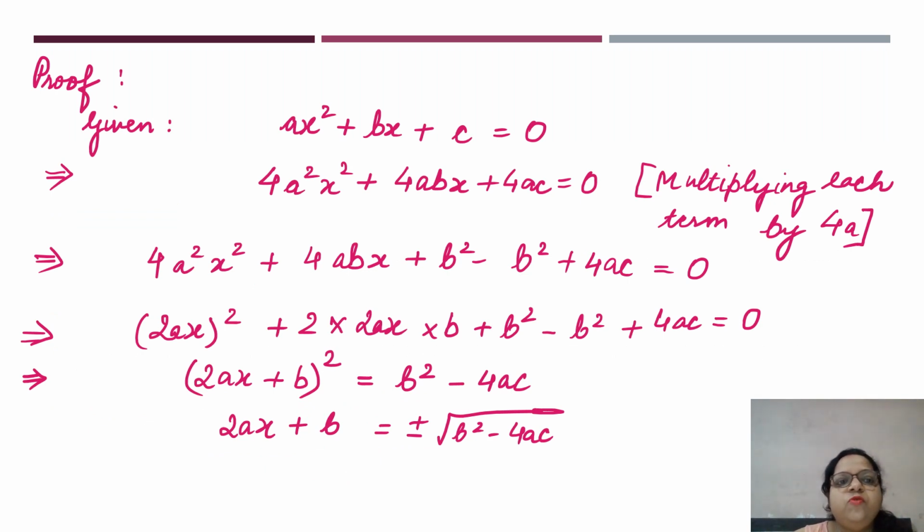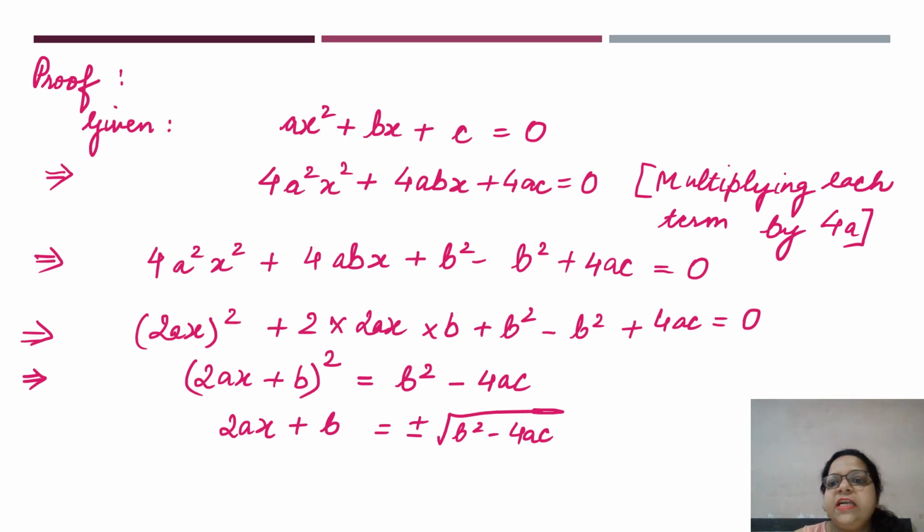Now coming to the proof of the given formula, children, how to find out whether the x value which we have found out is correct or not. Okay, so we take ax square plus bx plus c is equal to 0.